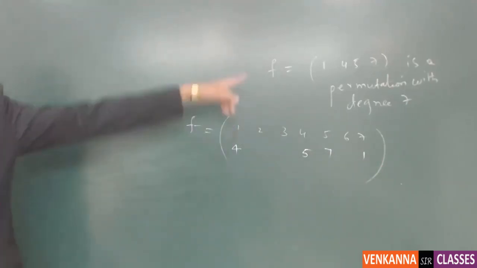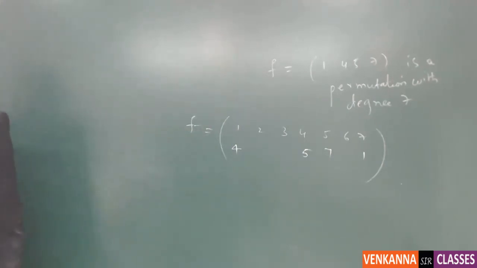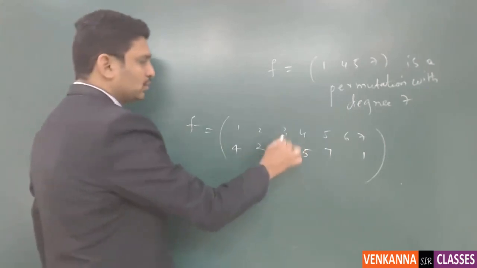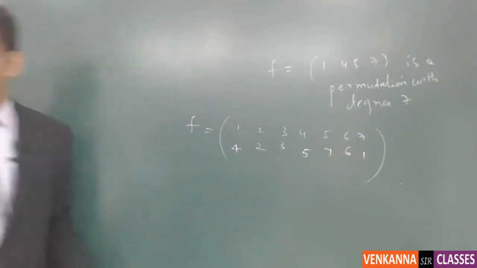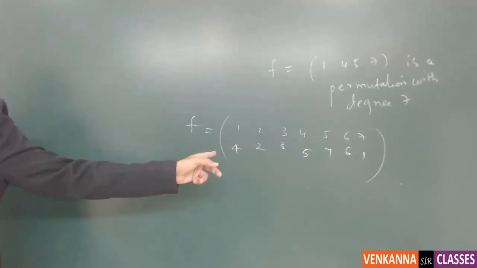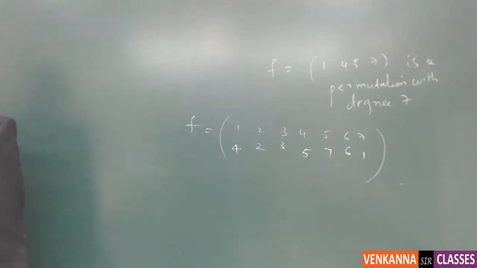Did you get the actual meaning of 1, 4, 5, 7? For 1 the image is 4, for 4 the image is 5, for 5 the image is 7, for 7 we go back to 1. Now the remaining values are identity. So 2 is 2, 3 is 3, 6 is 6. This is the pairing done. Are you clear? Any questions or doubts you can ask.